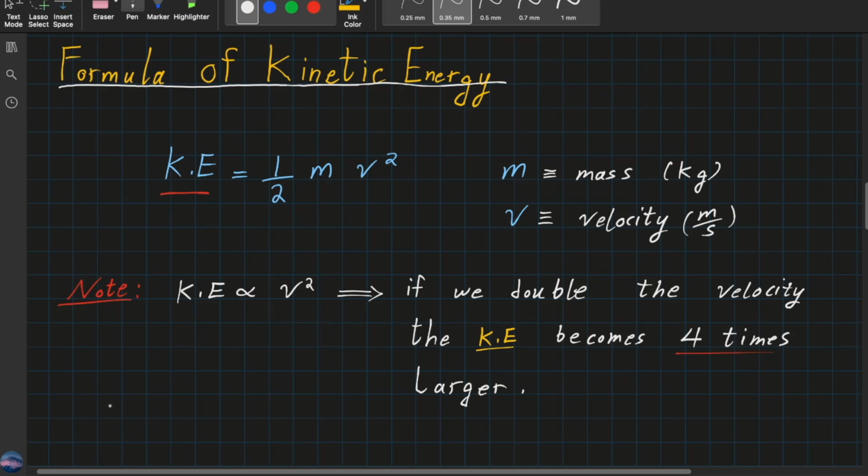So suppose you have one particle that has 1 kilogram of mass, and another particle which is larger that has a mass of 3 kilograms, and they are both traveling at the same speed of 1 meter per second.